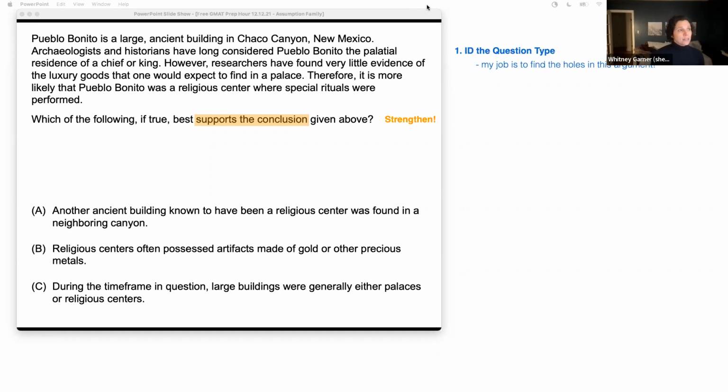And in fact, the crucial first step is always, and this is true for this type of argument, not for other question types, but for the assumption family question, when I move to step 2, deconstruct the argument, before I do anything else, I'm looking for the conclusion.